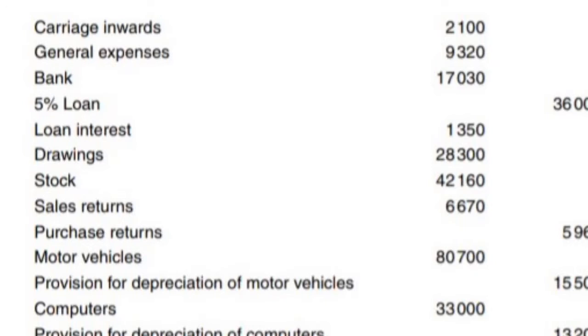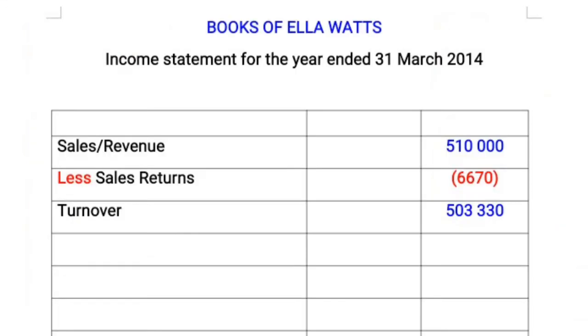So sales returns are amounting to 6,670. So I'm going to subtract 510,000 minus 6,670. Then you get 503,330. So this figure is known as the turnover, or what we call net sales.